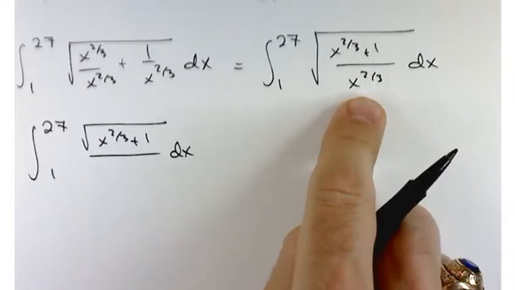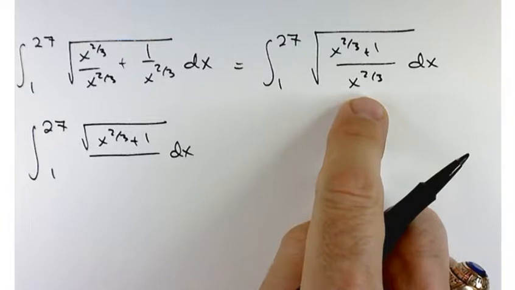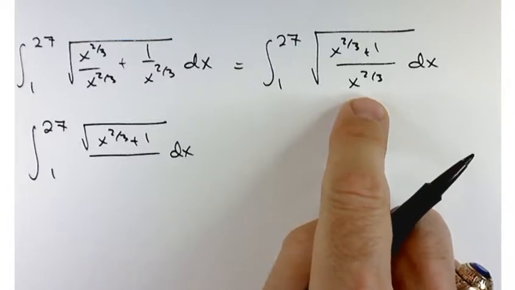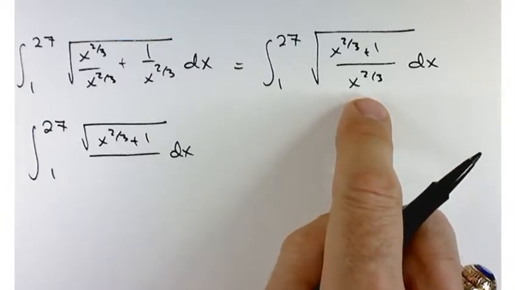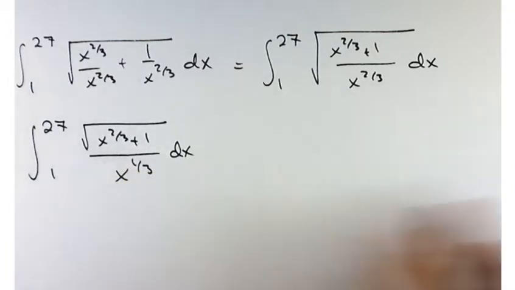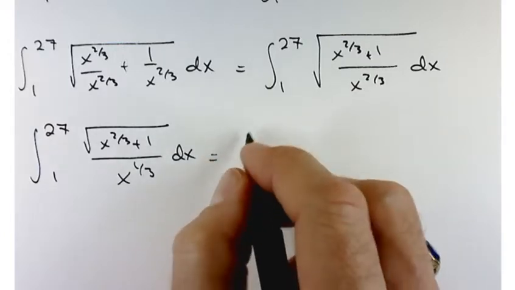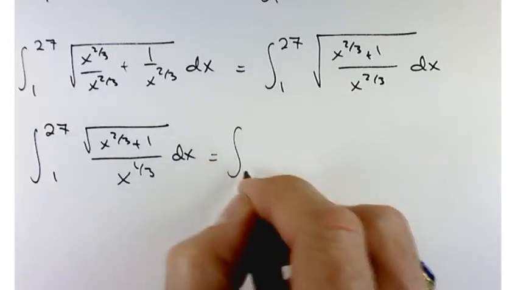What do I get when I take the square root of x to the 2/3? Yeah, x to the 2/6, and in lowest terms, that would be x to the 1/3. Now to help things out, let me rewrite that like this.